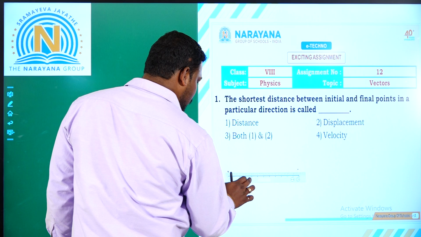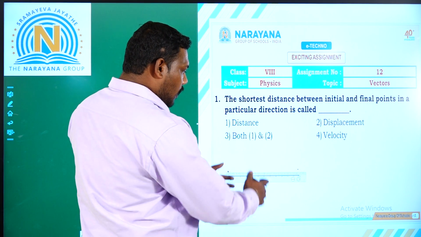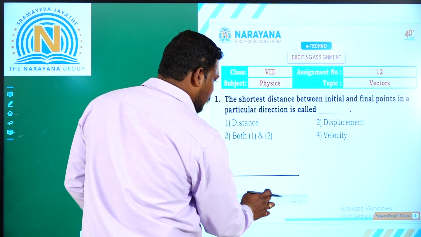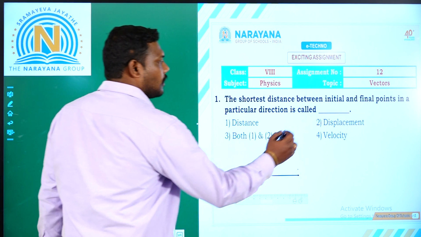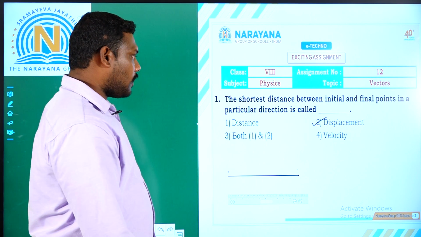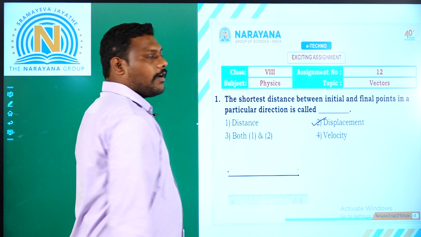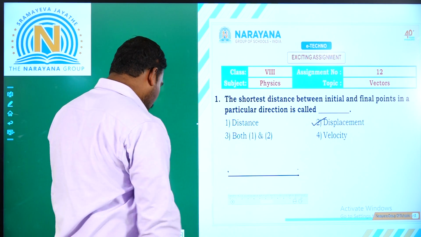Now the scale measures around 12 centimeters. Now this shortest distance is called as displacement. Now the object is displaced from initial point to final point in the particular direction.